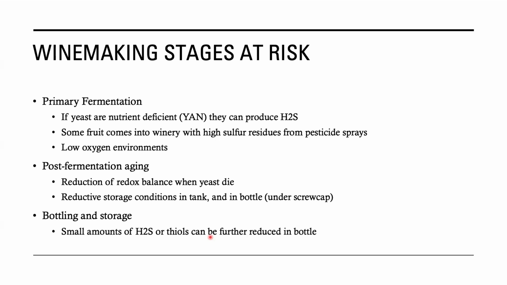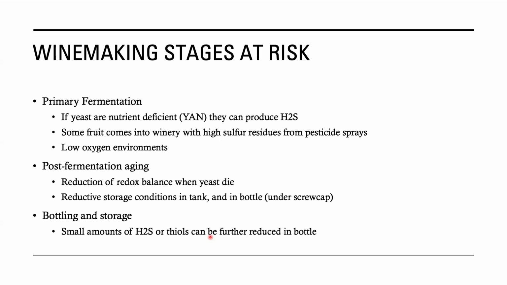So primary fermentation, this is if your yeast are nutrient deficient, they don't have enough yeast assimilable nitrogen, and then they can produce H2S. So that can happen from, some of the fruit can come into the winery with high sulfur residues from sprays. But it also might just be a lack of fertilization in the vineyard.